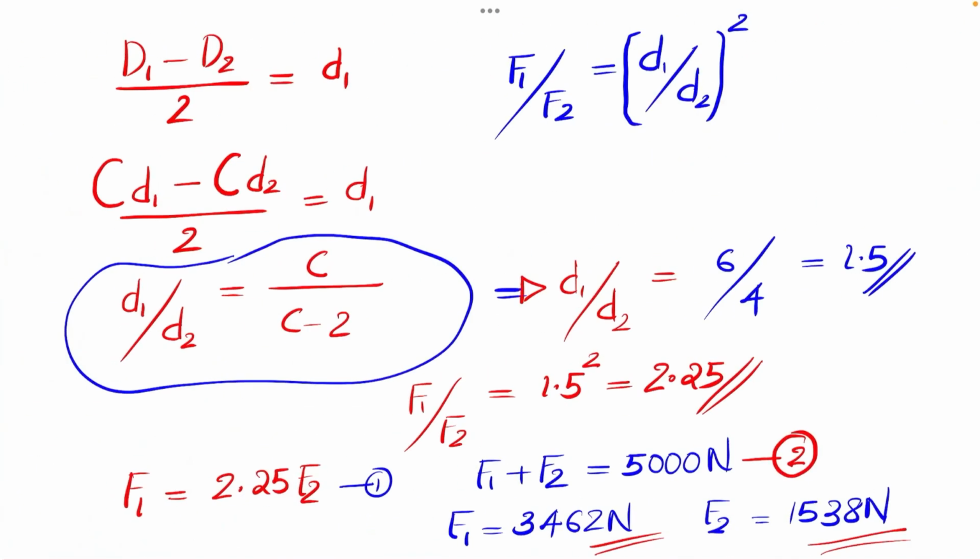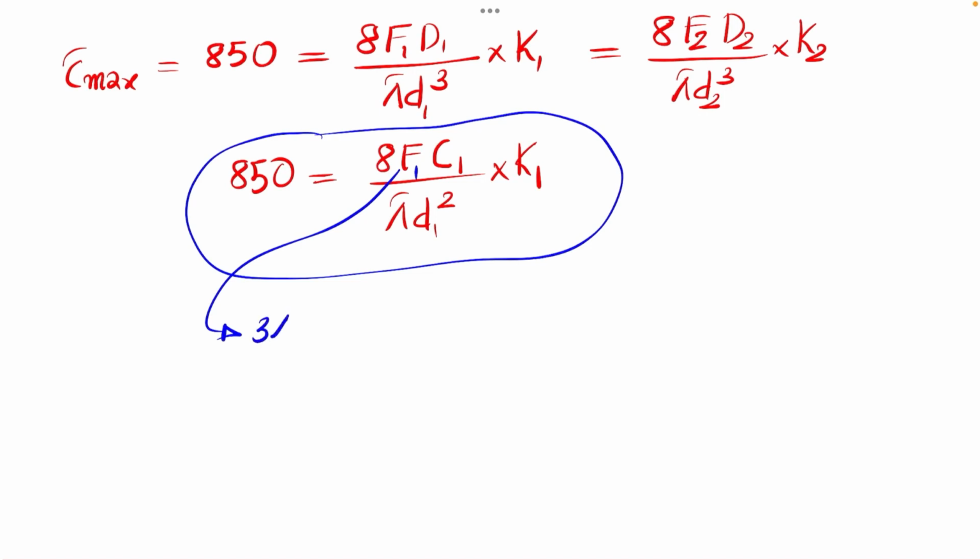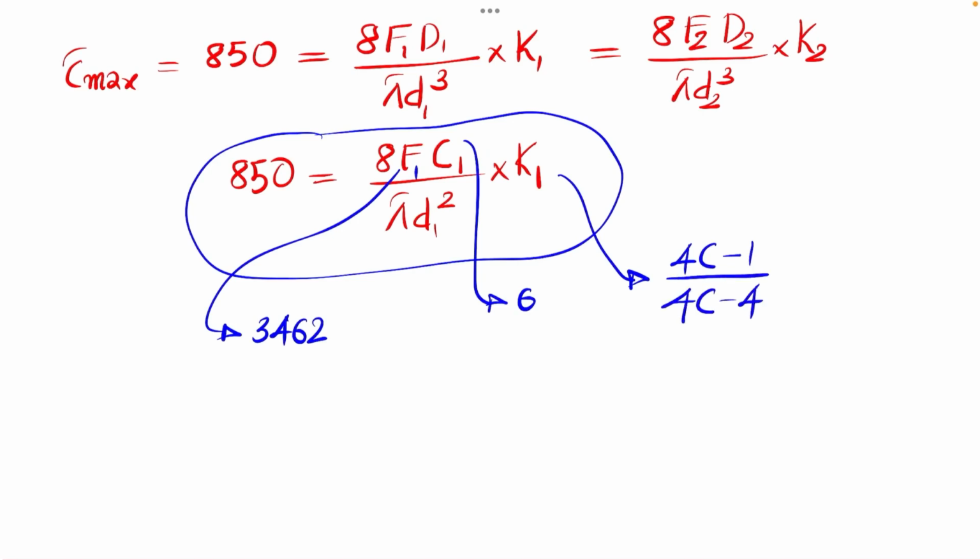So here the left hand side is 850 and the force acting F1 is what we just obtained, which is 3462 newtons. C1 value is 6, and the shear stress factor K we can evaluate.